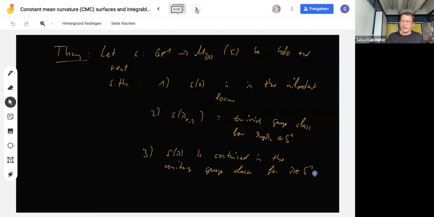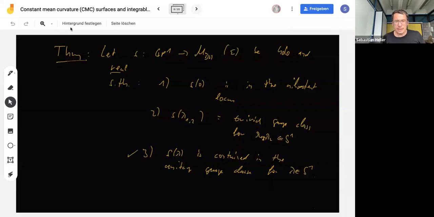And actually the condition that the section is real can be dropped: if we just have a section over the complex numbers and the third property holds, then the section automatically extends to lambda 0 and is real.